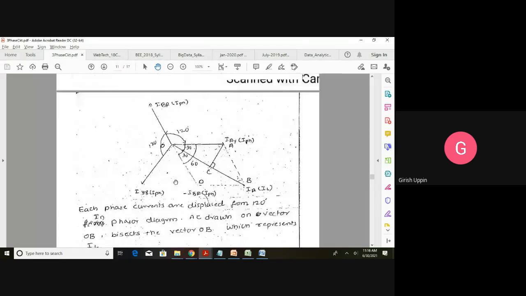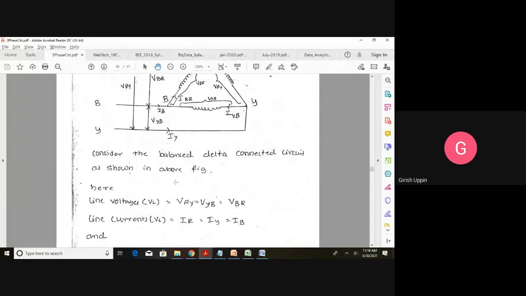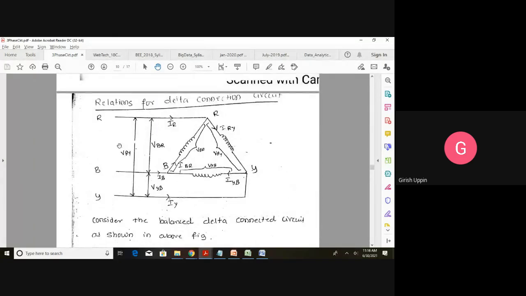Now we will check what is the relation between the line voltage and the phase voltage. So you can see here, these two points I will consider. This and this, that is the voltage between terminal R and terminal Y. So VRY is the line voltage, VL is equal to VRY.